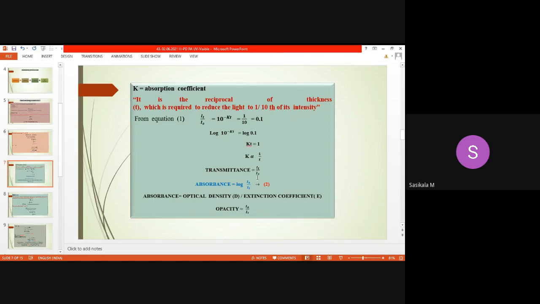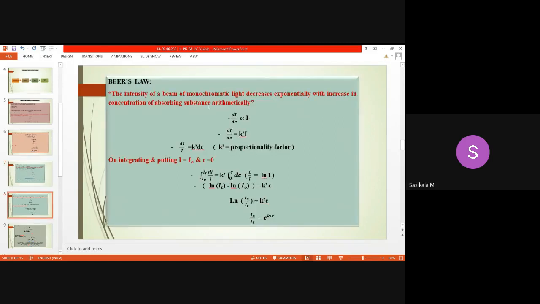When absorbance increases, transmittance decreases. That is the concept. So absorbance is equal to log of I0 divided by IT. This is another equation for absorbance. Absorbance is also called optical density or extinction.